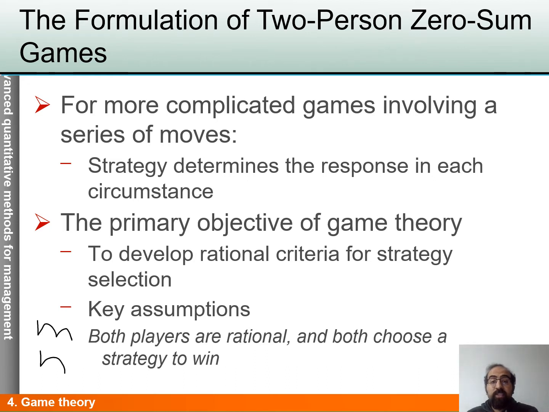So, key assumptions: both players are rational. It means two human beings, not me in front of a wall that can't think, or me and the other player selecting a gold mine, for example.